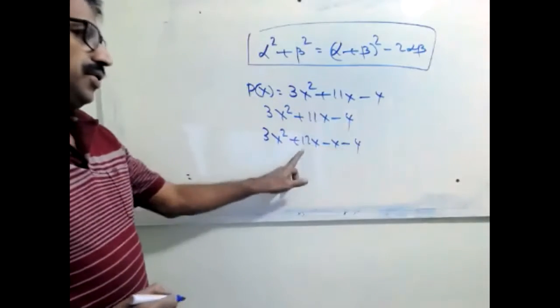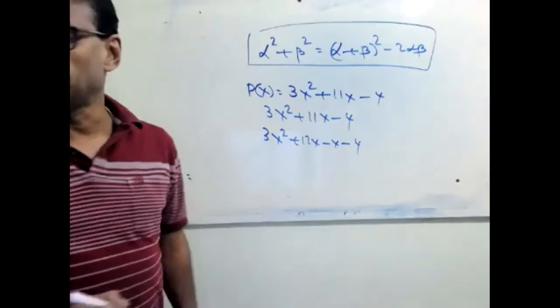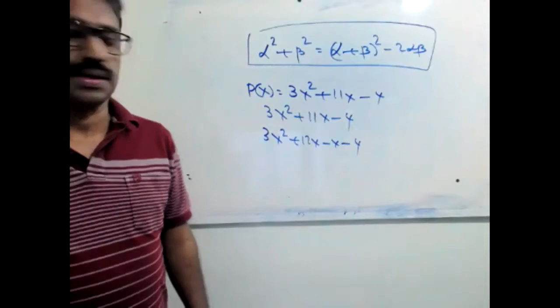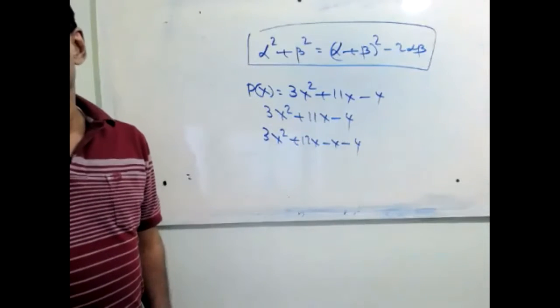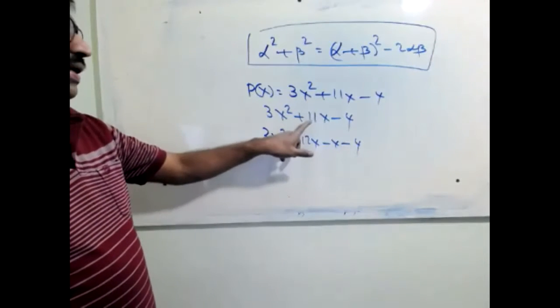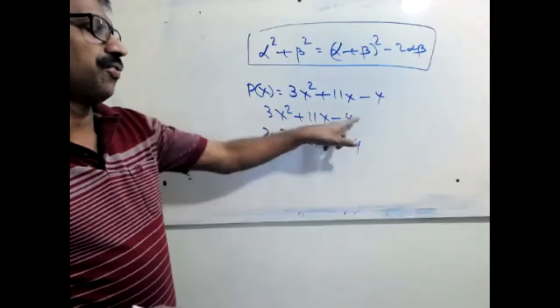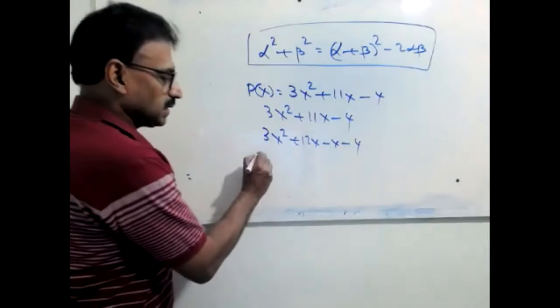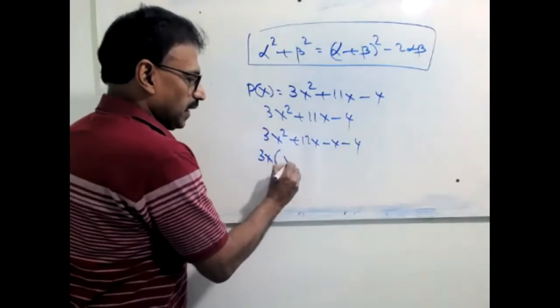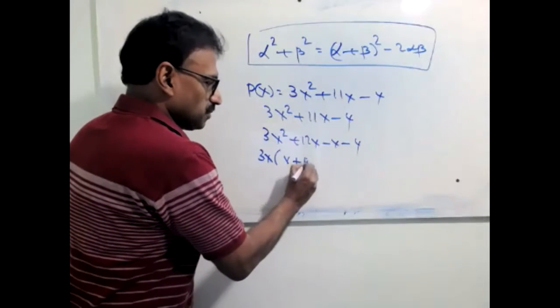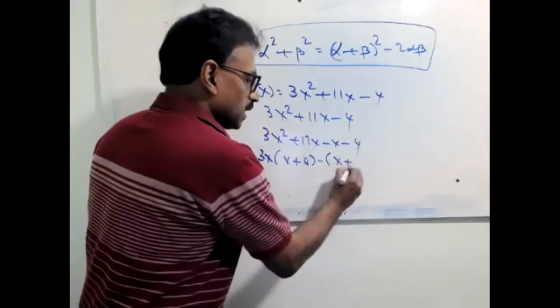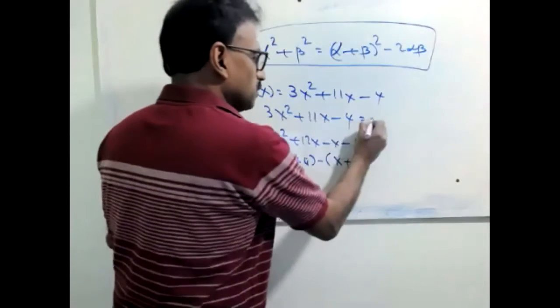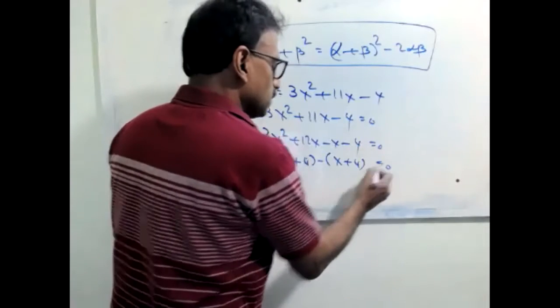Correct or not? 12 into 1 is 12. Because the question was wrong, that's why. 3 into 4 is 12. So 12x minus x. So 3x outside: 3x into x plus 4, minus 1 into x plus 4, equals 0.